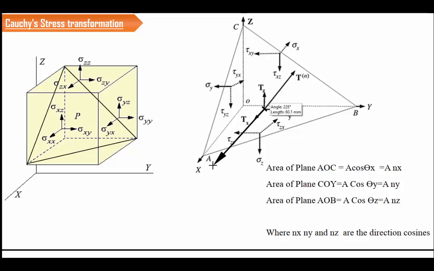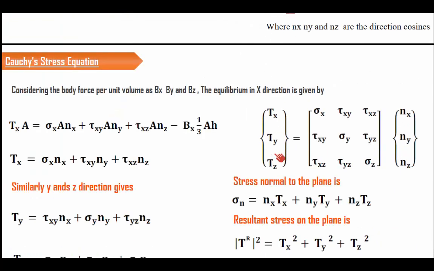Let us consider this as the x dash axis, y dash axis and this as the z dash axis. These are the x, y, z of this particular new plane ABC. They are not the same as the original x, y, z. They are something different. This is x dash, y dash and z dash. Now we have to transfer the forces on these planes to the new x dash, y dash, z dash axes. Now let us look into that.